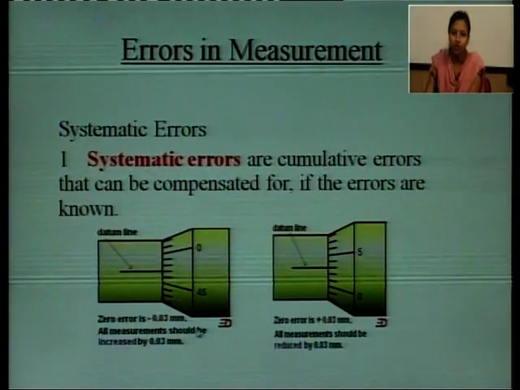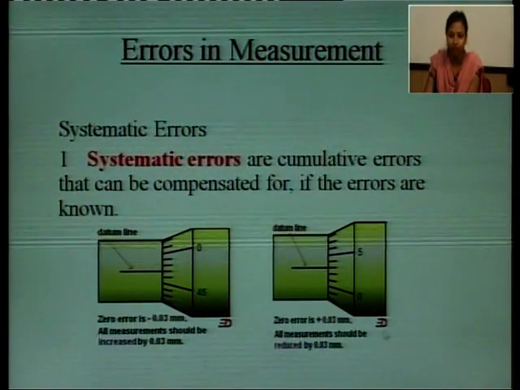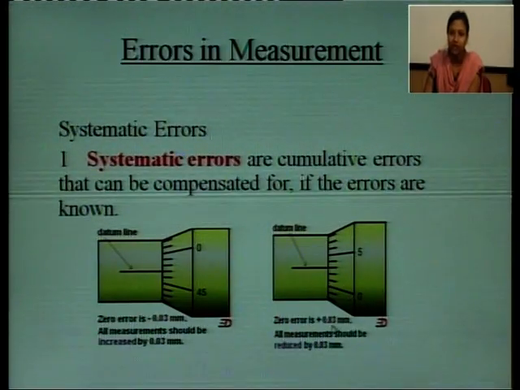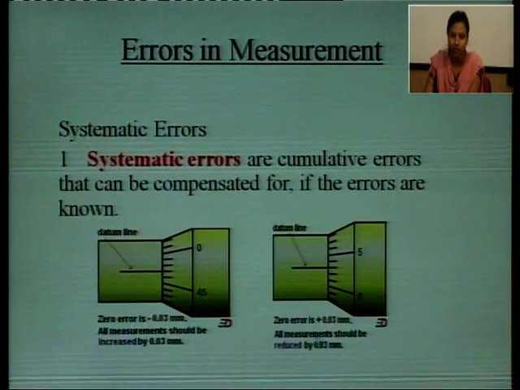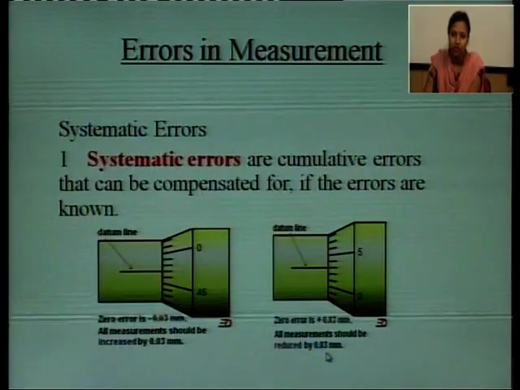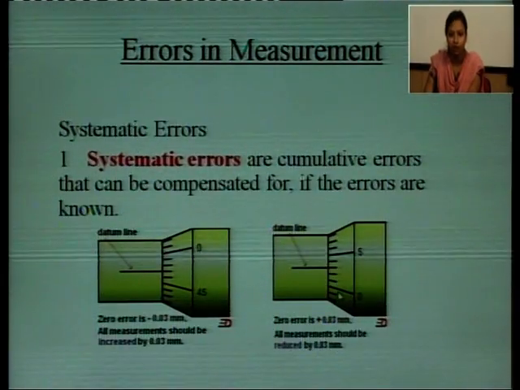So all measurements should be increased by 0.03 mm. If 0 is below the datum line, then the zero error is 0.03 and all the measurements should be reduced by 0.03 mm, because it is measuring more as compared to 0.